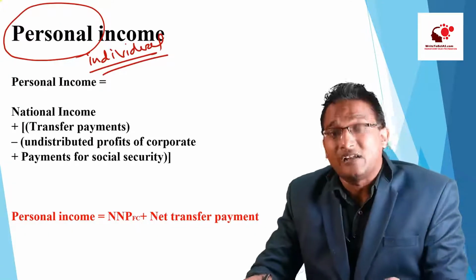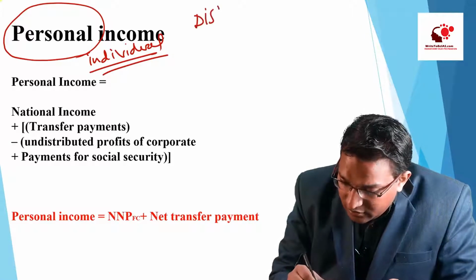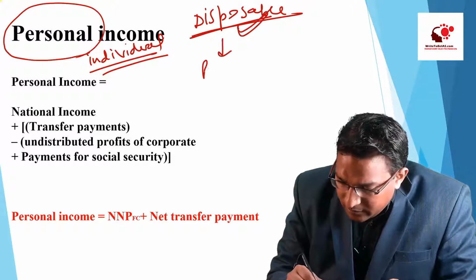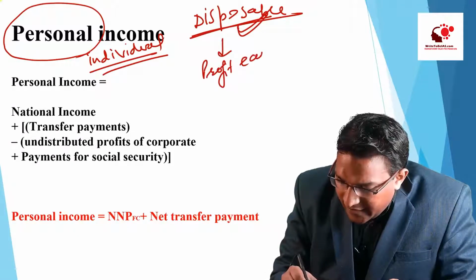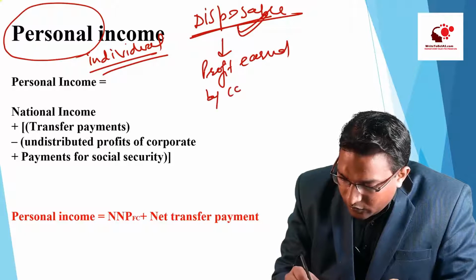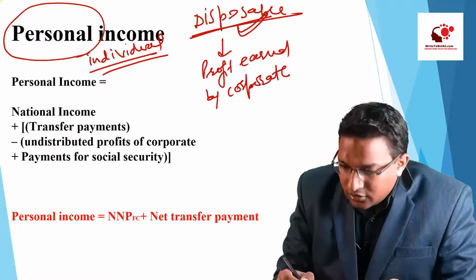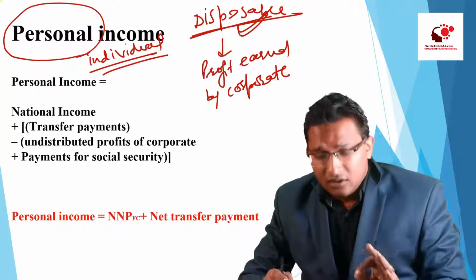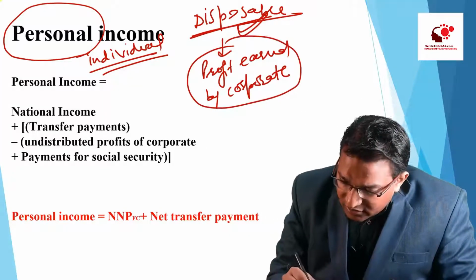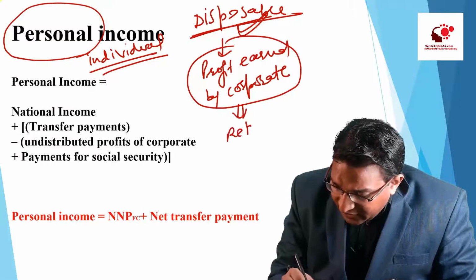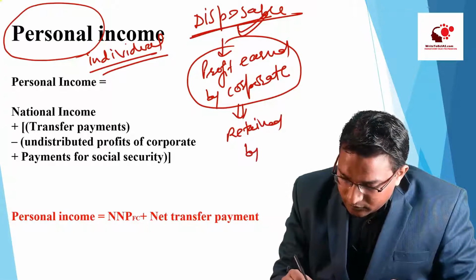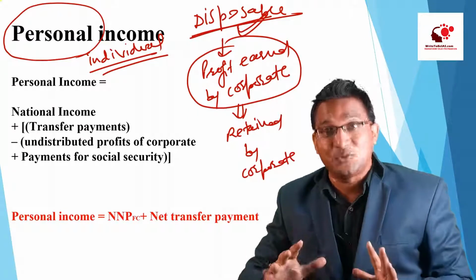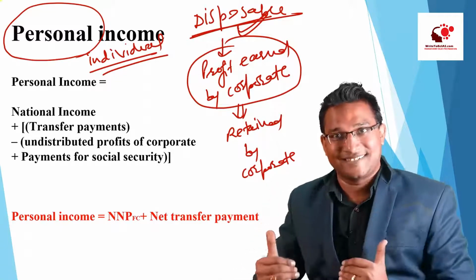So there can be some items which are part of the disposable income, right? For example, profit earned by the corporate. That is part of the disposable income. However, out of this profit, there is some amount which is retained by the corporate, or the corporate does not distribute to the individuals, they keep it with themselves.